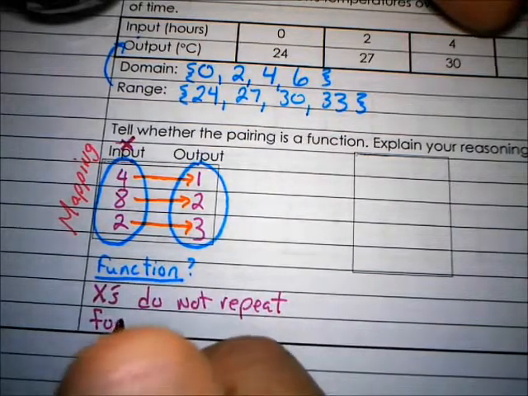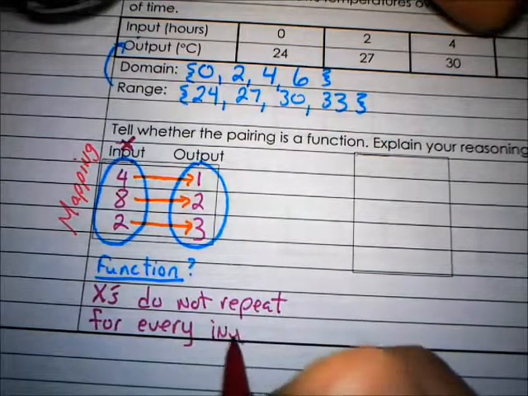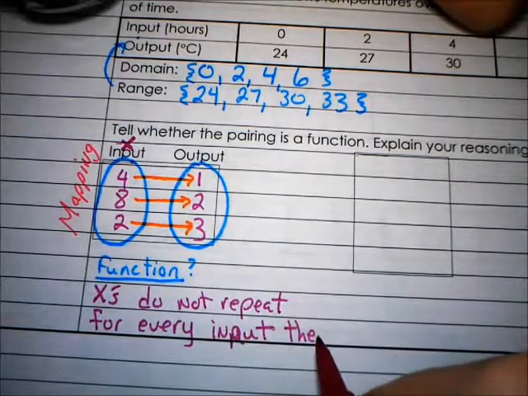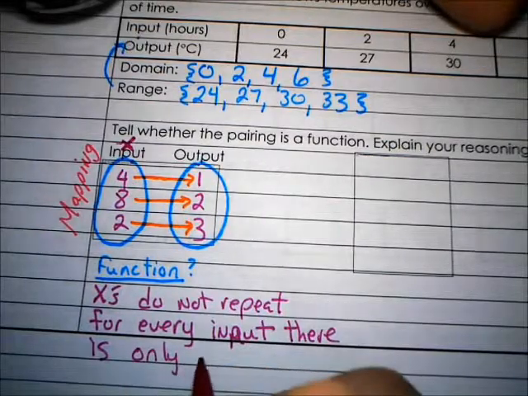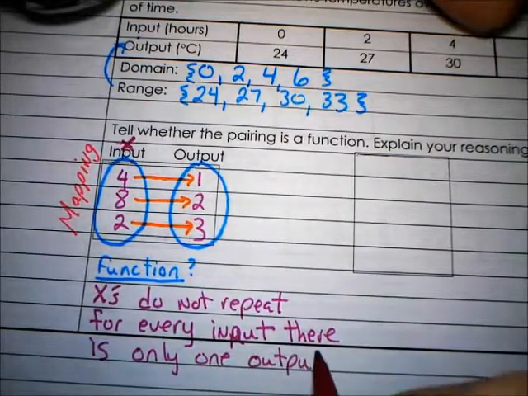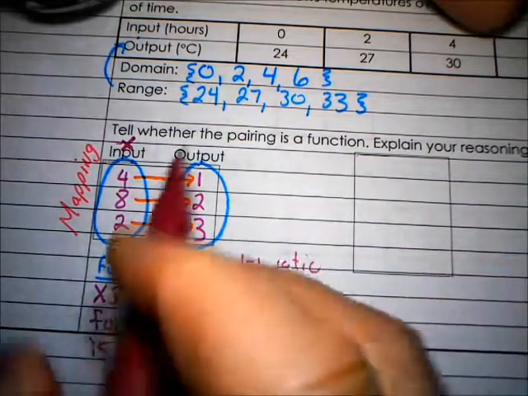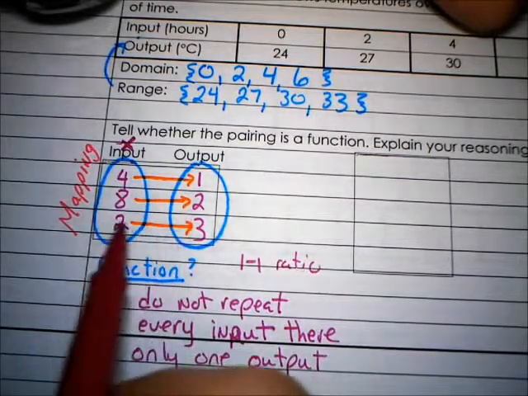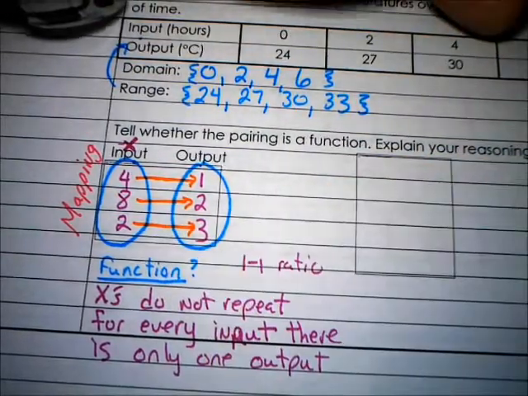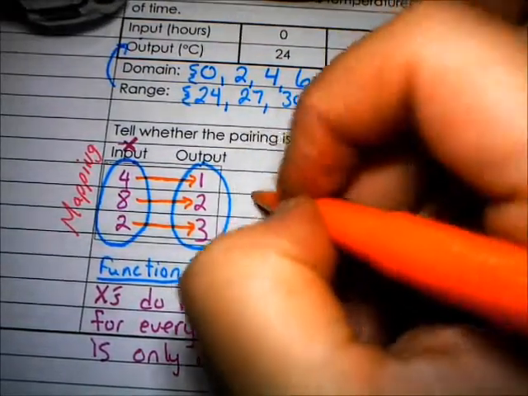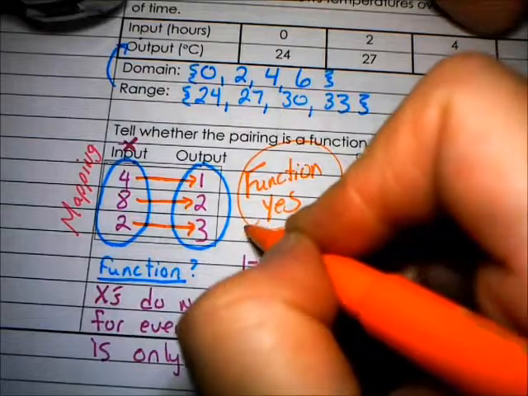Another way of looking at this is for every input, there is only one output. It's called a 1-to-1 ratio. Each one of these has exactly one output, one arrow going across. Since that is true, that means this is a function. Okay, this guy is a function.